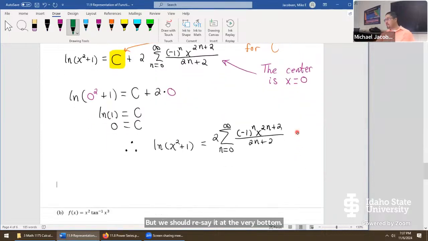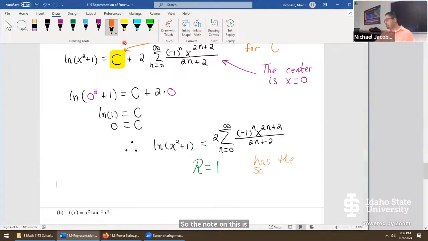Down here, we want to say, just as a reminder, r equals 1. So the note on this is, it has the same radius of convergence.